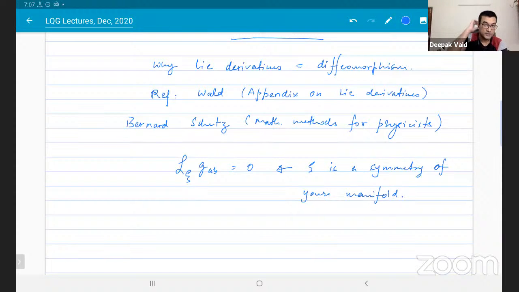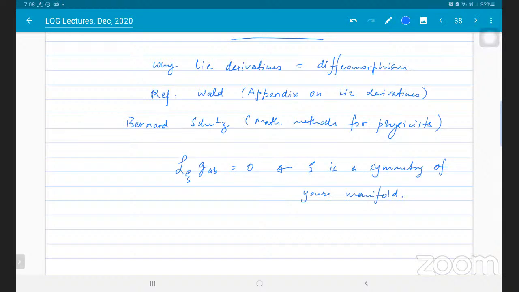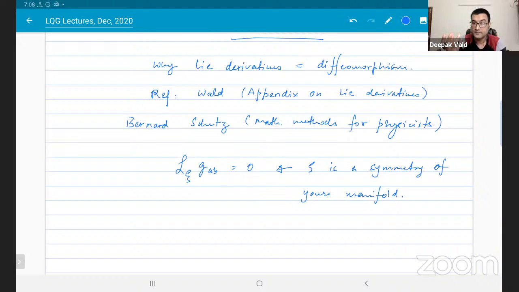So all of these generate diffeomorphisms, right? But any vector field generates a diffeomorphism, not just a Killing vector field, right? This is the important thing. Killing vector fields generate isometries, which preserve the metric. But a diffeomorphism doesn't have to preserve the metric, right? A diffeomorphism is just a differentiable map from one manifold to another manifold.